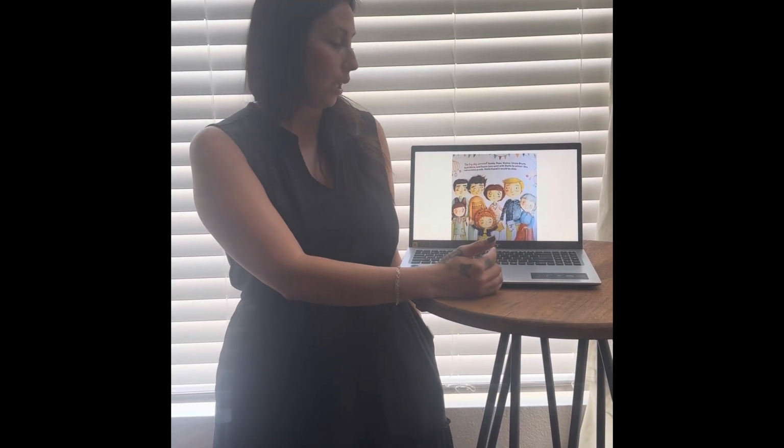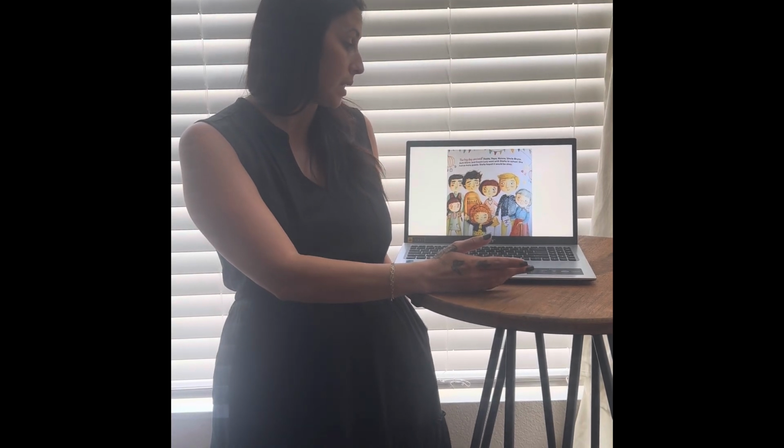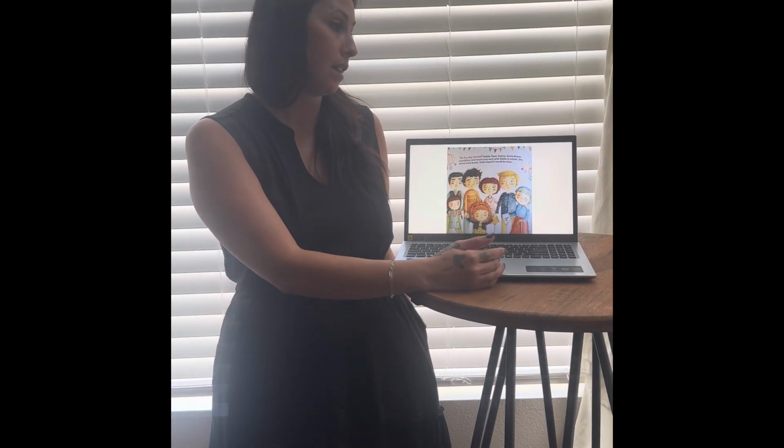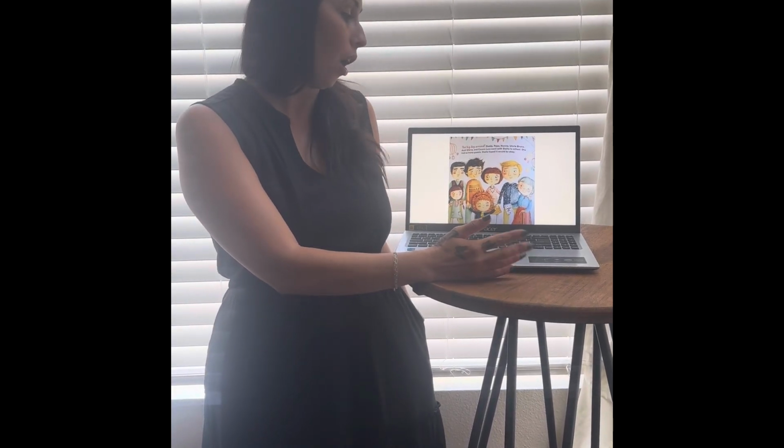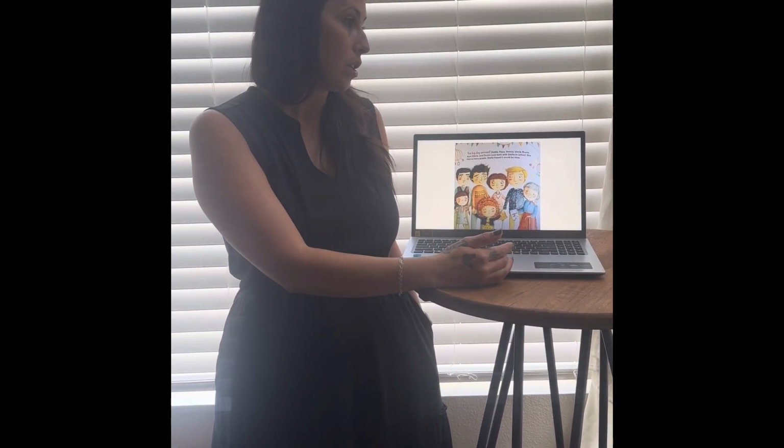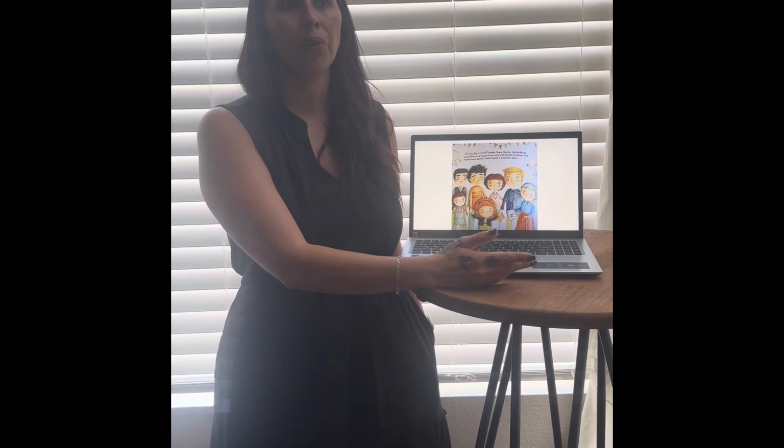Using this book in my classroom will support culturally responsive as well as diversity responsive teaching by validating all family types through authentic stories about children who my students likely see themselves in.